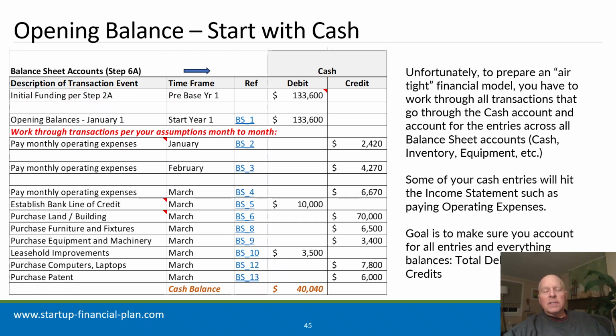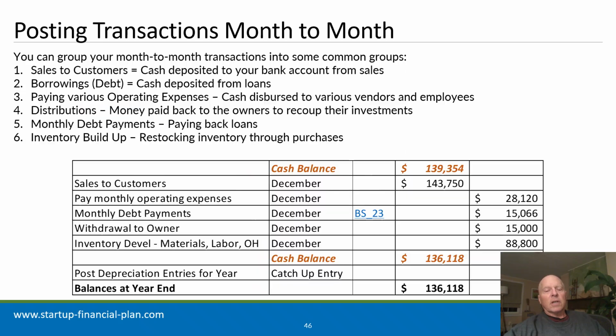Okay, so this is the tedious part of the exercise. But you have to post the transactions, and again, you have to work these balances. And as you work month to month to month, then toward the end, we're going to accumulate depreciation, a catch-up entry, so we can write off all the fixed assets.